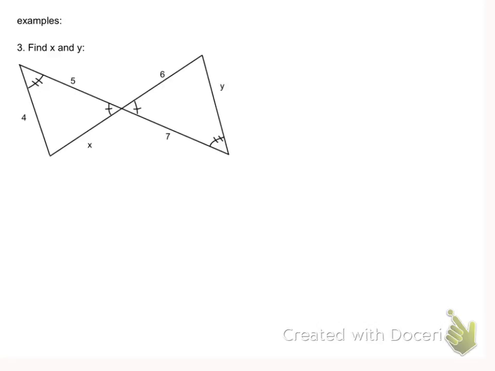Now, on this particular problem, you don't have to circle this. Did it really need to tell us or show us that with tick marks that those two angles are the same? Or could we have found that out ourselves? We could find that out ourselves because they have to be the same because they are what kind of angles?